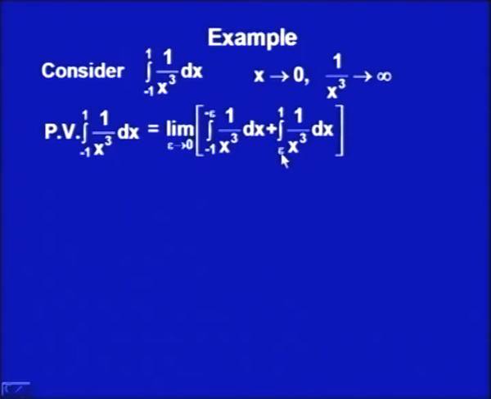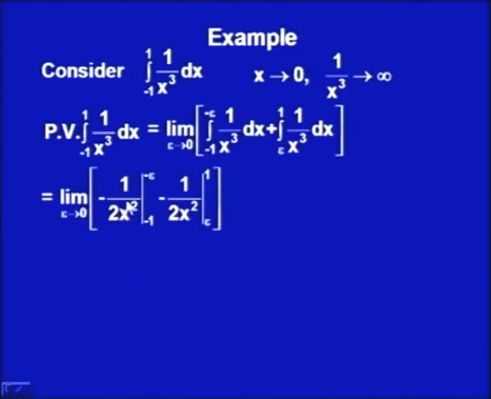Similarly, for epsilon to 1, because epsilon is a positive quantity, this second integral also exists and its value is minus 1 upon 2 x square, which you have to evaluate from epsilon to 1.